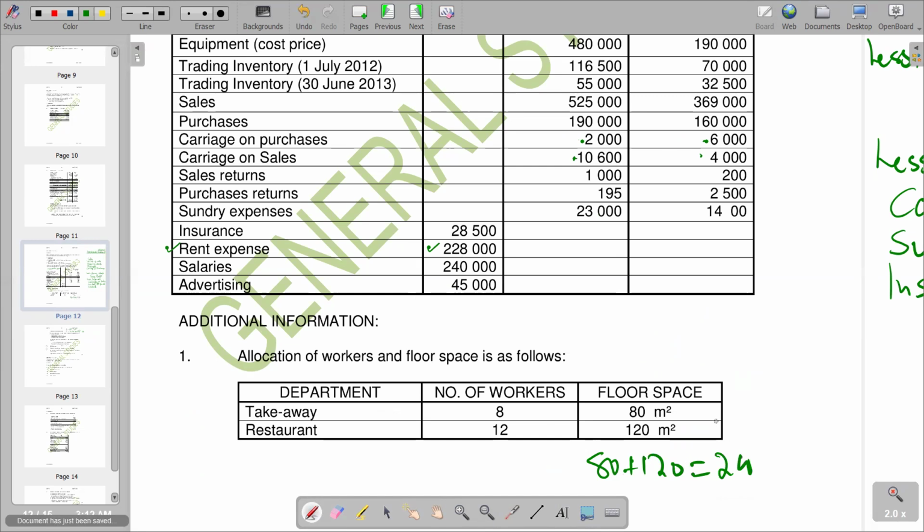So for our takeaway, it is 80 over 200, and you multiply by the figure for rent that you're given, which is 228,000. So that is 80 divided by 200, multiplied by 228,000.